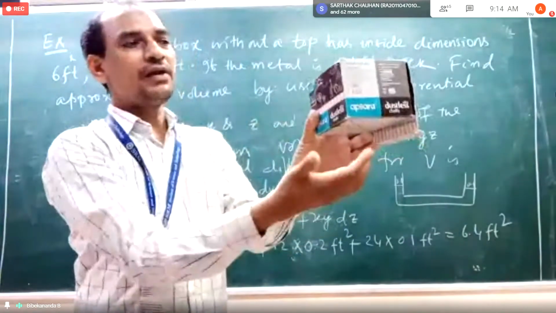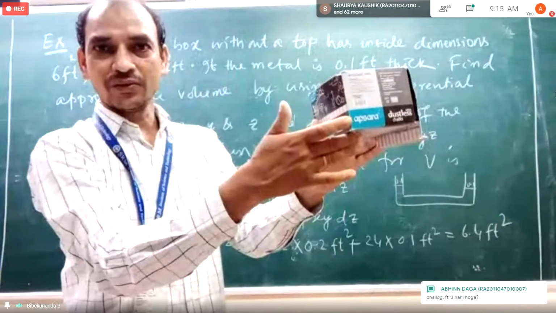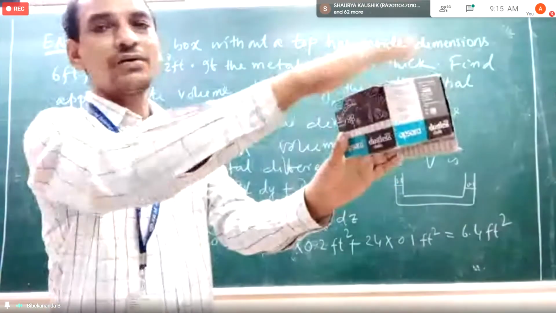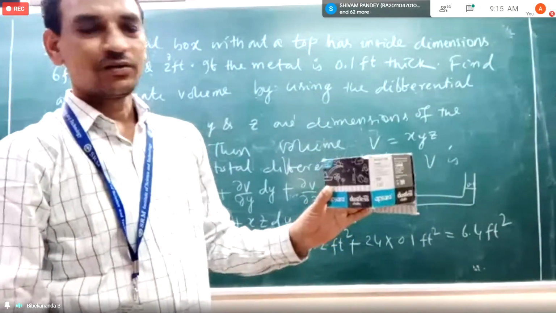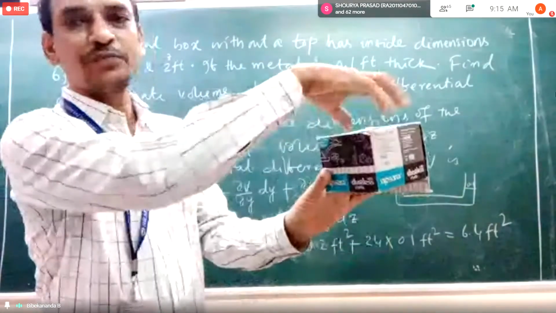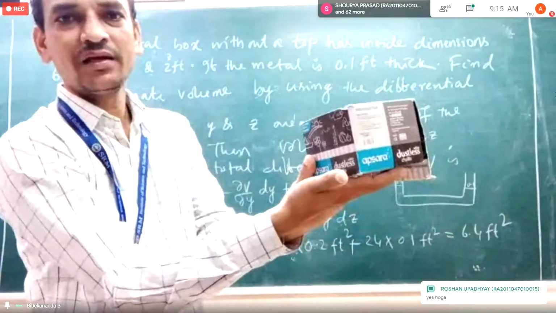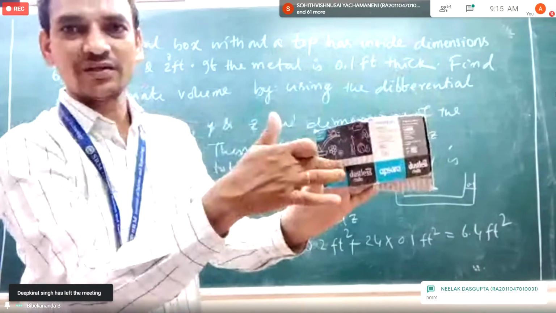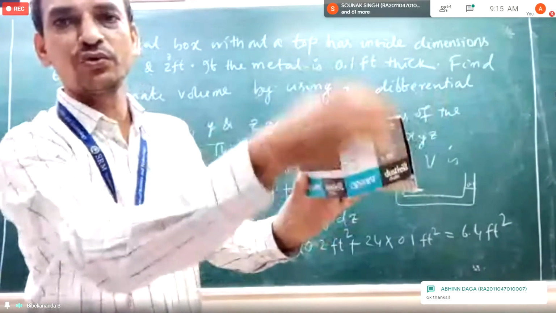And I will have a thickness of this height also. Understood? And similarly, I will have thickness of down, but not top. So when I will consider the top thing, only one side thickness will be added. But when I am taking other sides, length, breadth, and height, I will consider 0.2, 0.2, 0.2.